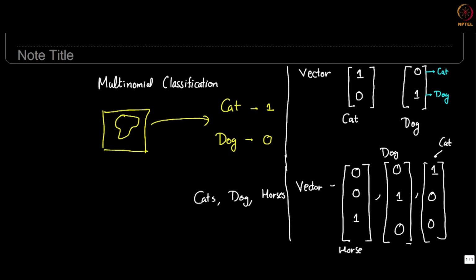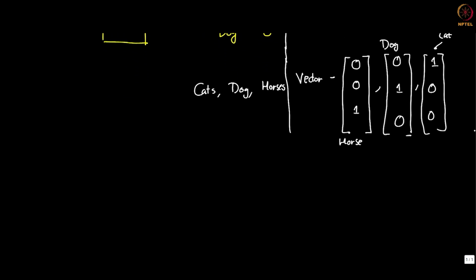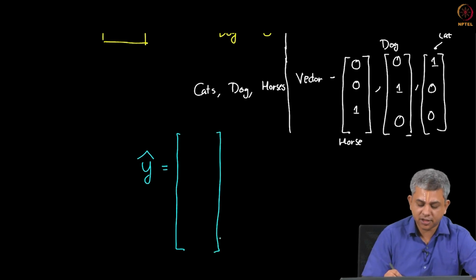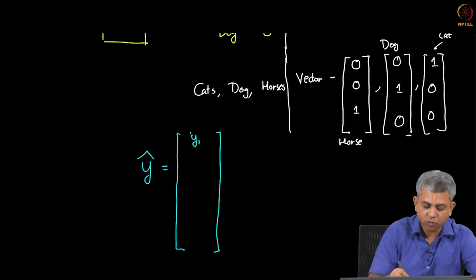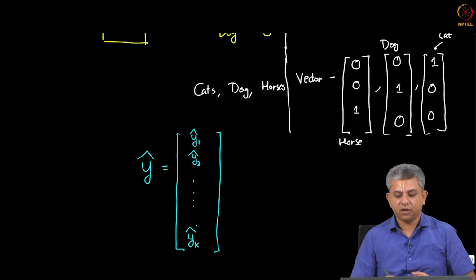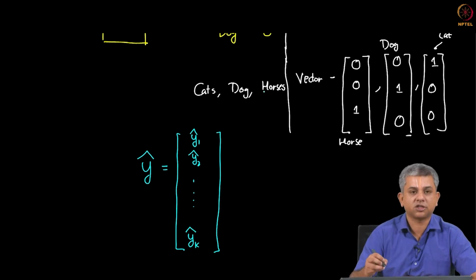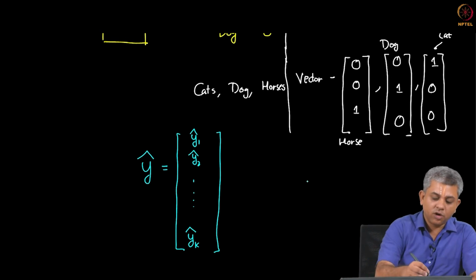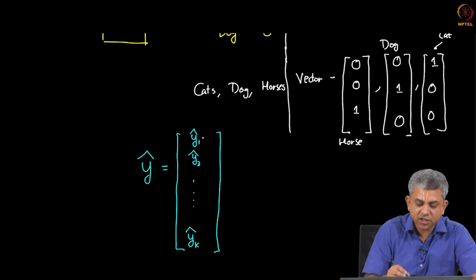for a cat. Okay. In general, our prediction y hat is going to have k elements, y hat 1, y hat 2, and so on up until y hat k. So, k was 3 in our cats, dogs, horses example. What is the meaning of each of these terms?